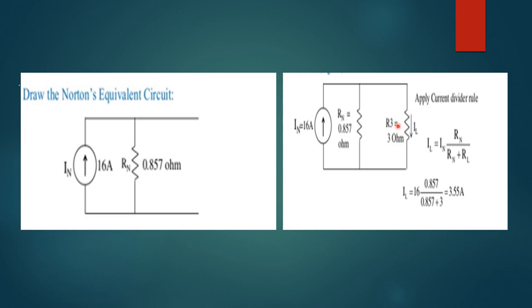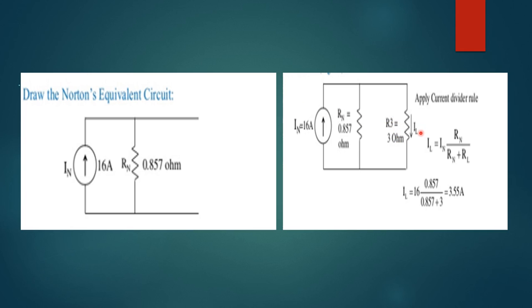The load resistance is the one through which I want to find the current, that is the 3 ohm, which is connected across these two points. To find this current, we find the voltage across this terminal, that is current IN into the equivalent resistance of Rn and R3, which is IN into Rn into R3 divided by Rn plus R3.